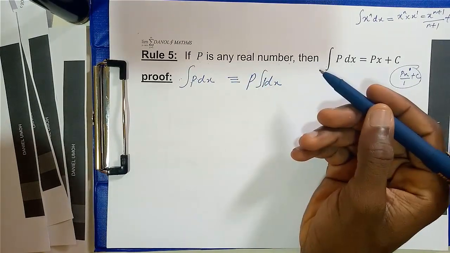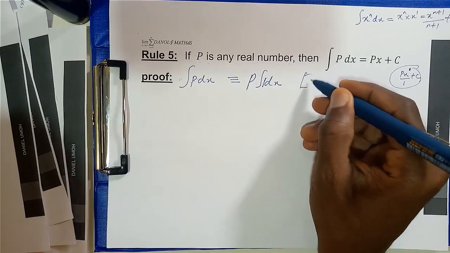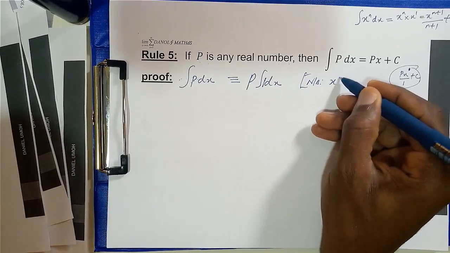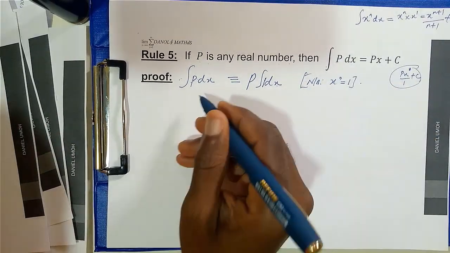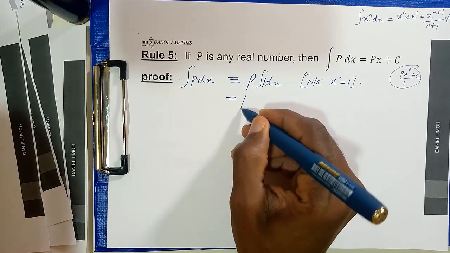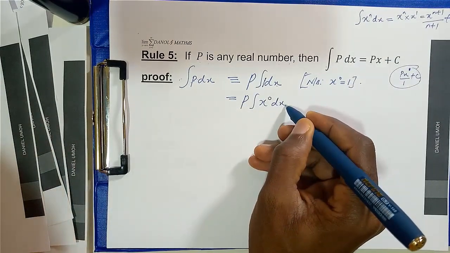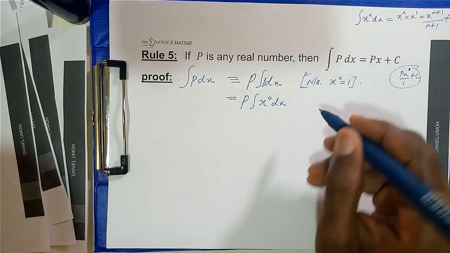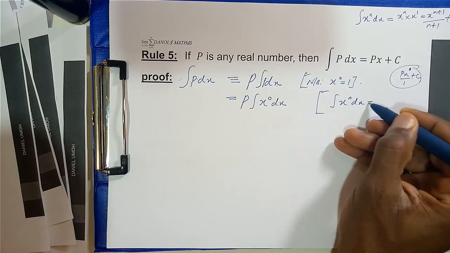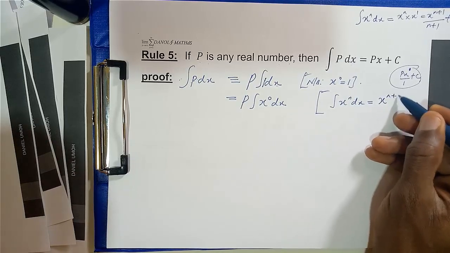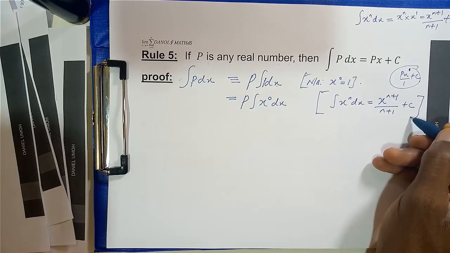So if there is a 1 here, note that x raised to the power of 0 equals 1, right? Good. Since we are working with dx, this can be the same thing as p integral x raised to the power of 0 dx. And from our definition of integral, the integral of x raised to the power of n dx is equal to x^(n+1) over n+1 plus c, right? We established this earlier.